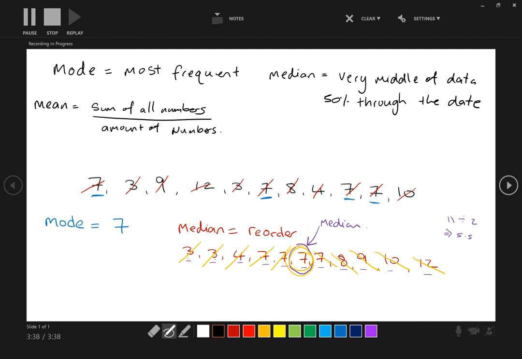So the last one then is the mean. And for the mean, I need to add up all of these values. So I've got 7 plus 3 plus 9 plus 12 plus 3, 7, and I'll just add up all of those numbers.